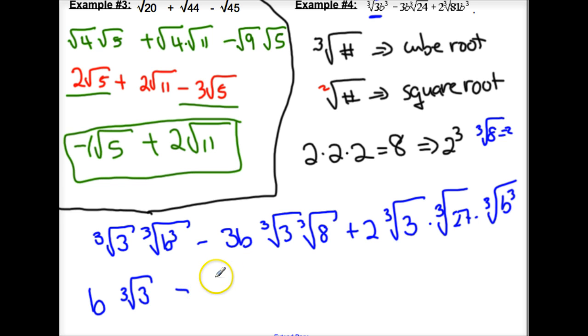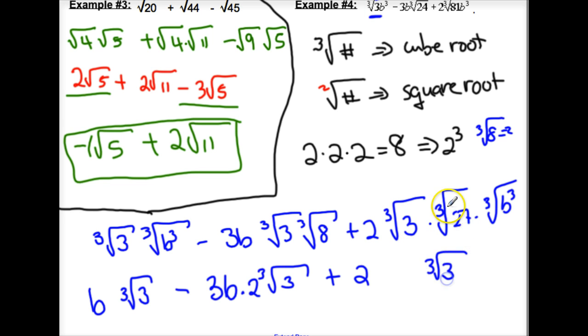This remains as 3b, and oh, look at this, cube root of 8, we just said it was 2, and then this stays at the cube root of 3 plus 2. We're going to keep the cube root of 3 at the end. The cube root of 27 is 3. 3 times 3 is 9. 9 times 3 is 27, or just enter that on the calculator. And then the cube root of b cubed is b.